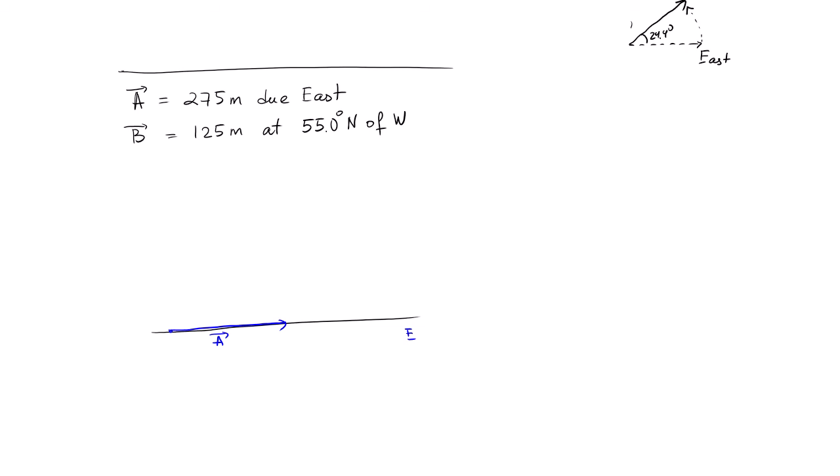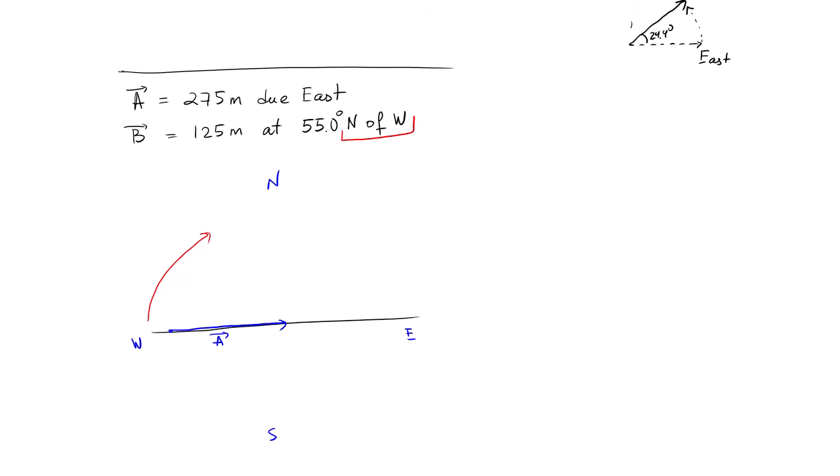So if this is my west on the left and I have north on the top, south on the bottom, if you want to draw north of west, you start from the west and you go towards the north.